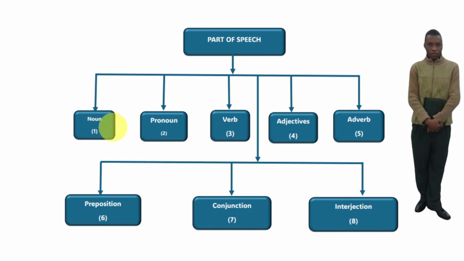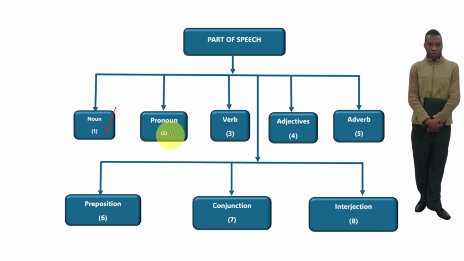So in case you don't get it, that's how I break them down like this. Okay. So we have a noun, a pronoun, a verb, an adjective, an adverb, a preposition, a conjunction, an interjection. Okay. So please, today we're gonna deal with the sentence. But some of you may say, do I need to know this? Yes, because when I use the noun, you need to know what the noun is about.